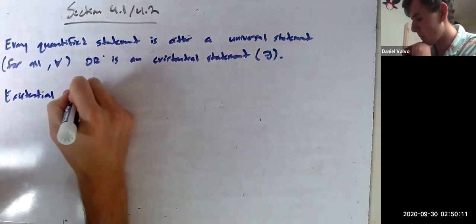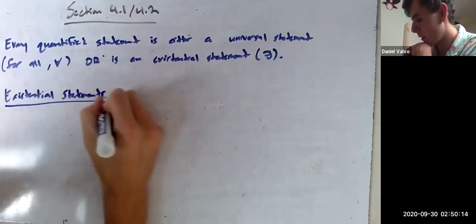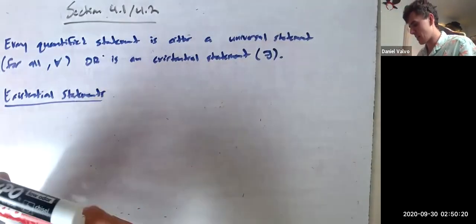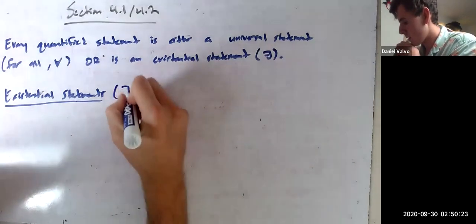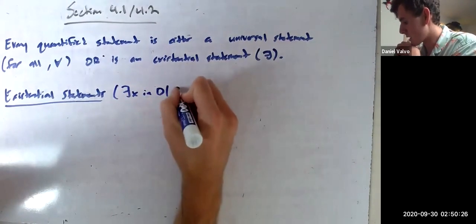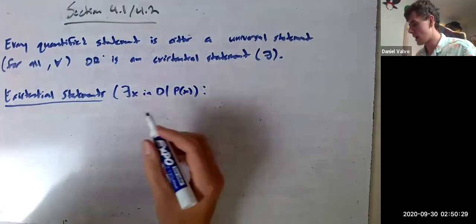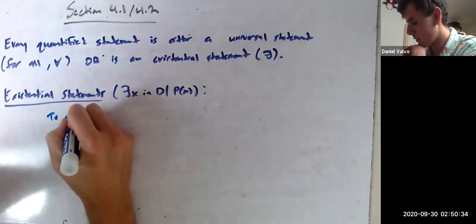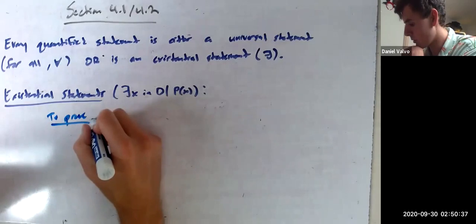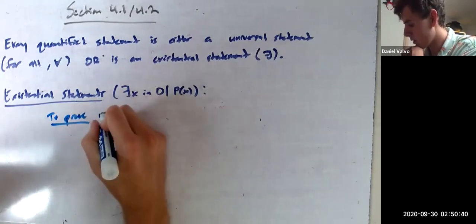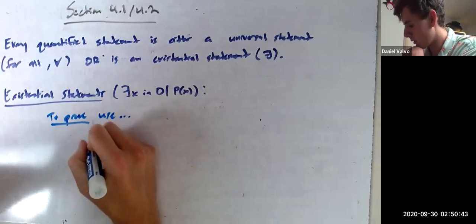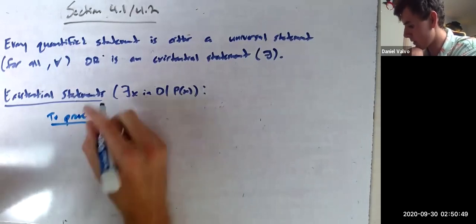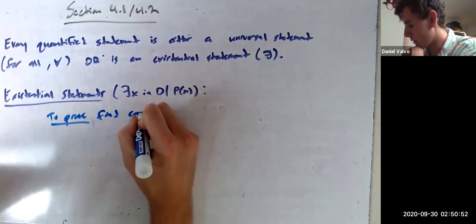For existential statements, let's say the statement is, there exists an X in D such that P of X. To prove, let's say, to prove, find counterexample.